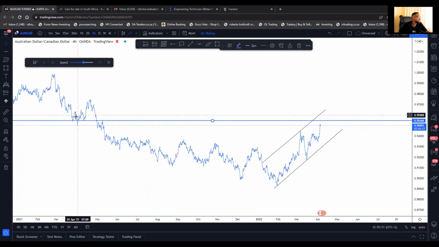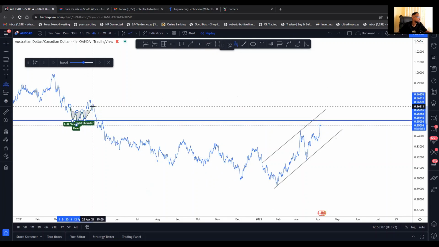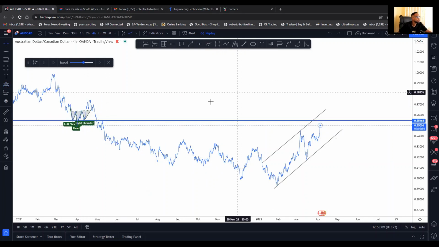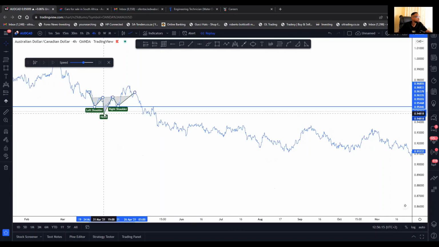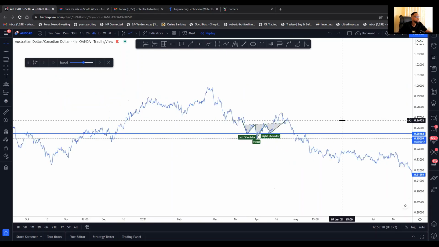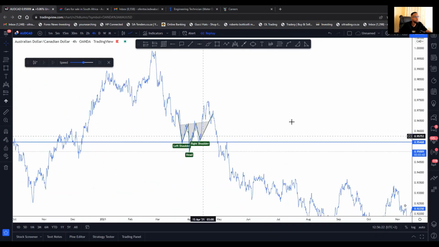You can see here it even had an inverse head and shoulder. Here is the inverse head and shoulder. There you see the inverse head and shoulder.